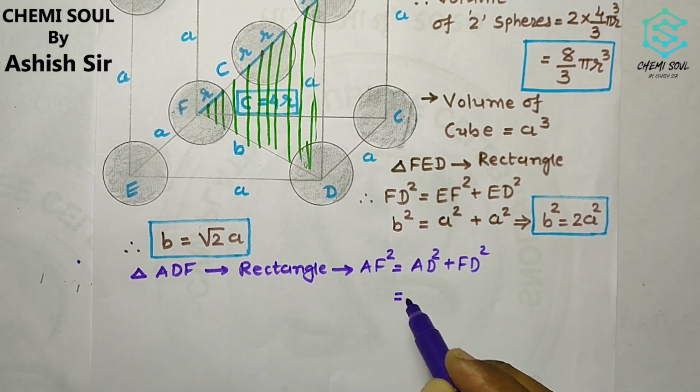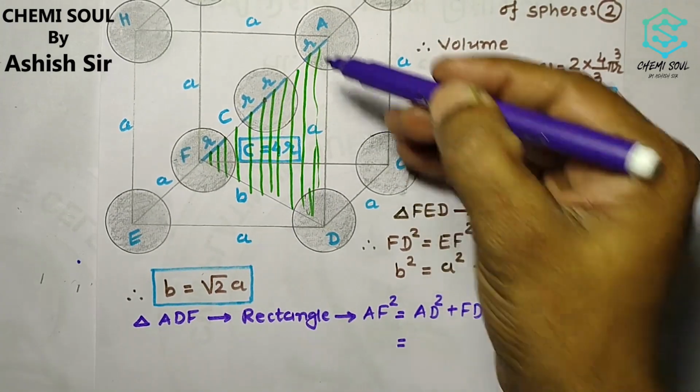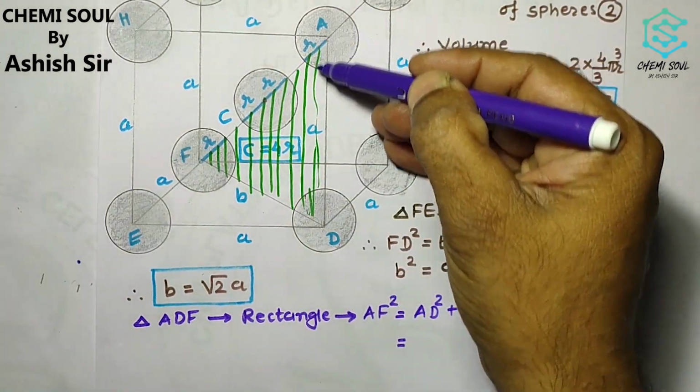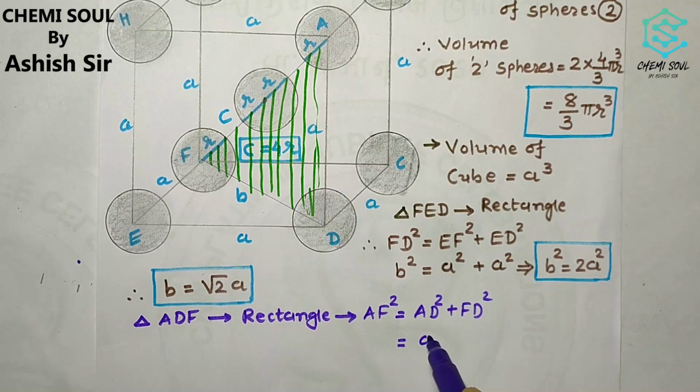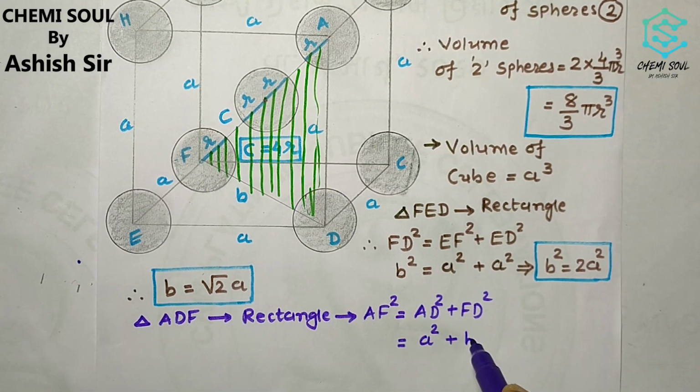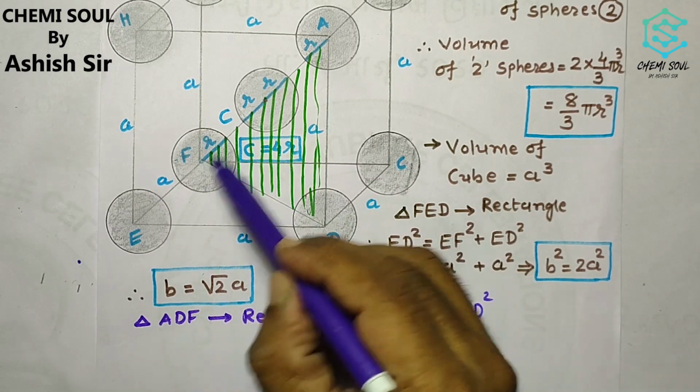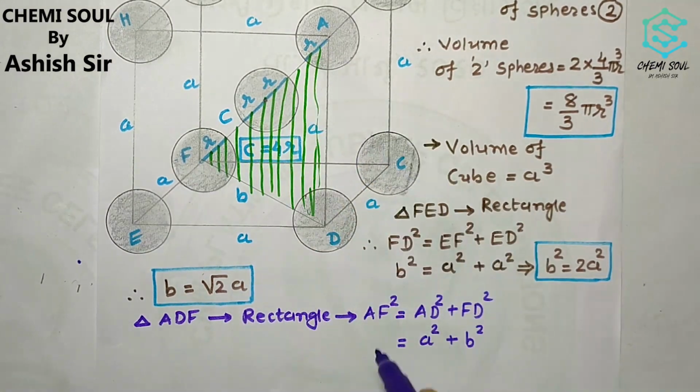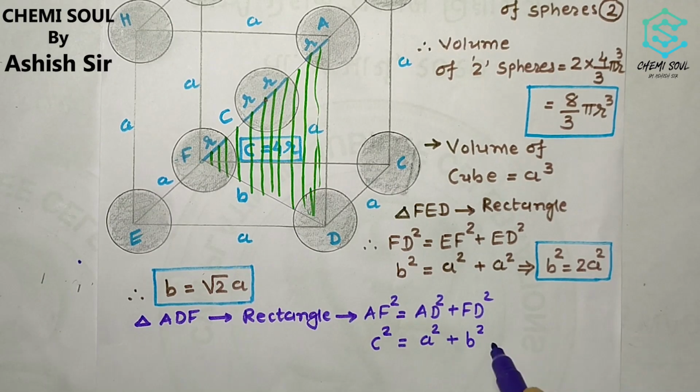The value of AD is a, so a square, plus FD is b, so b square. AF is c, so c square is equal to a square plus b square.